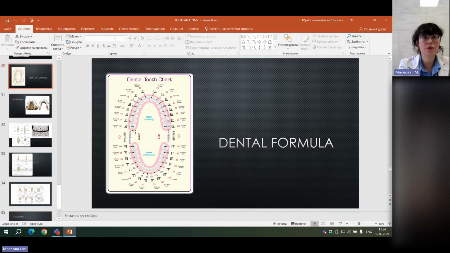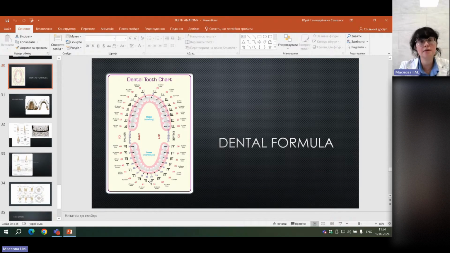First quadrant is situated on the upper or maxillary right side, or it's the right side of the upper jaw. The second quadrant, it's the left side of the upper jaw. The third quadrant, it's the left side of the lower jaw. And the fourth quadrant, it's the right side of the lower jaw.